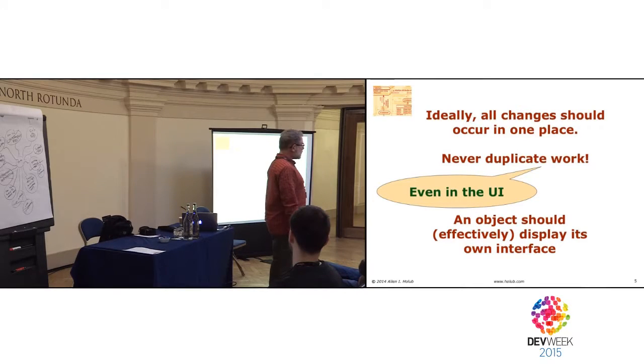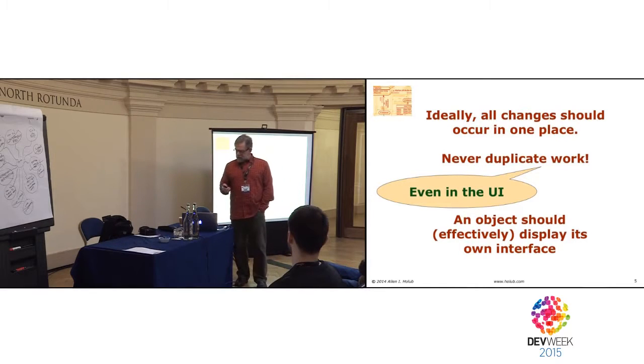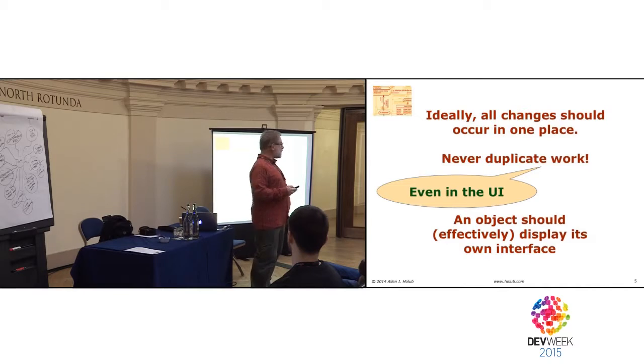So we should be organizing our code then to make it more maintainable. So we're getting into this brave new world. We want all of the changes to occur in one place. And we want to never have to duplicate work, is the other side of this, particularly in the user interface.